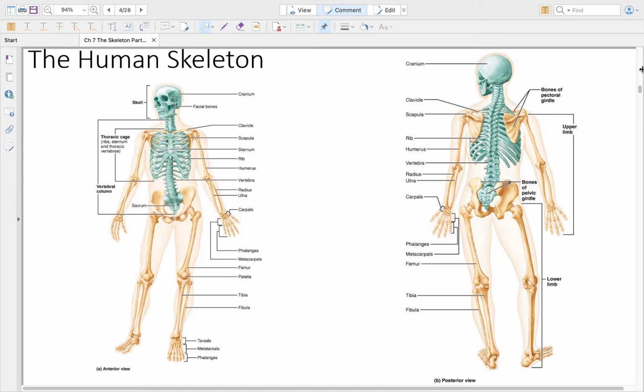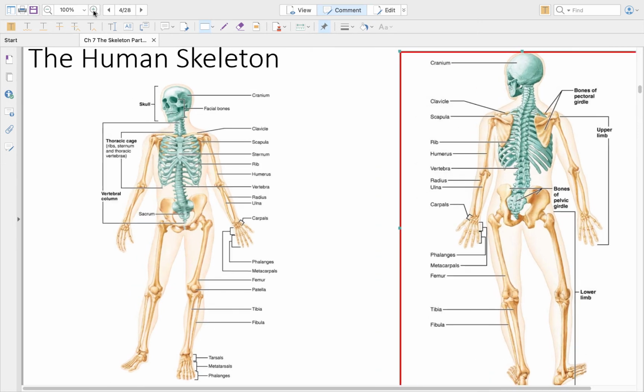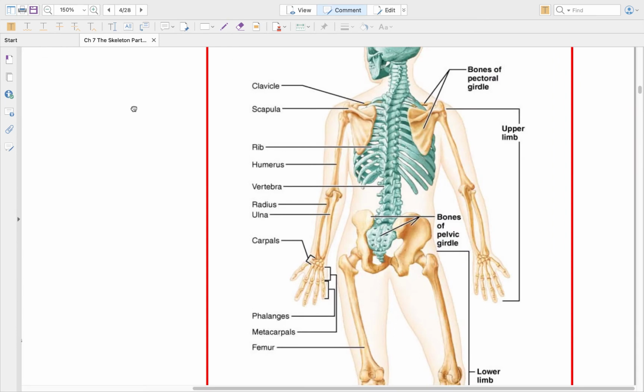If you look at this side over here, we can see the back view, and it allows us to see the pectoral girdle, the shoulder, which is the shoulder girdle, and it has, of course, the scapula. Let's actually zoom in here. There we go.